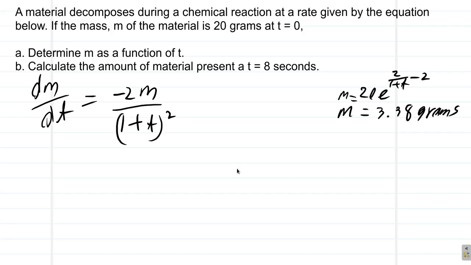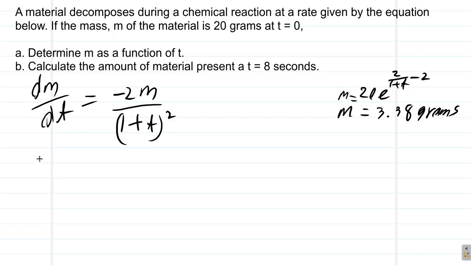Okay, you finished? What did you get? Alright, so let's work through this question and see what happens. Here, you can use separation of variables to work it out, right?